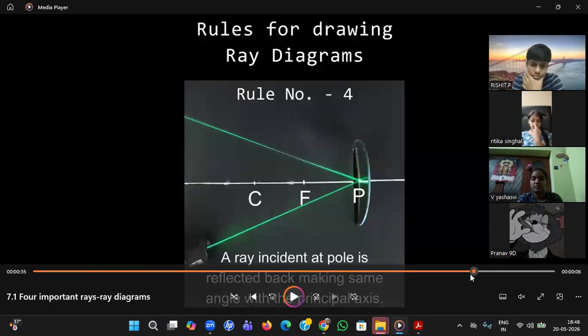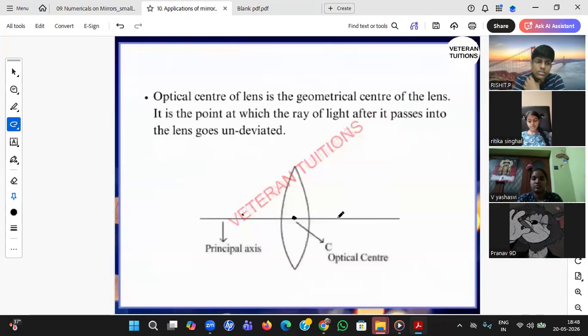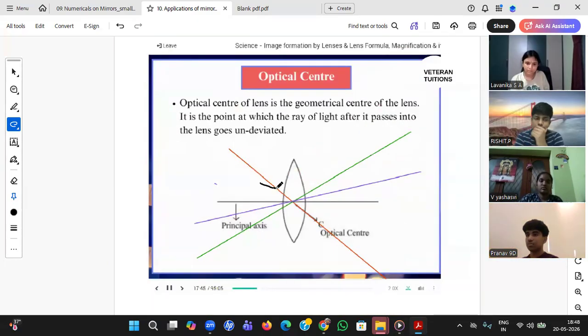Wonderful. Okay, students, there we have a pole word, but here we don't have a pole word. Here we have an optical center. So whenever the fourth ray, whenever the light is coming and hitting the optical center, it goes undeviated. That point is called optical center. So optical center is not defined only as the geometrical center of the lens.